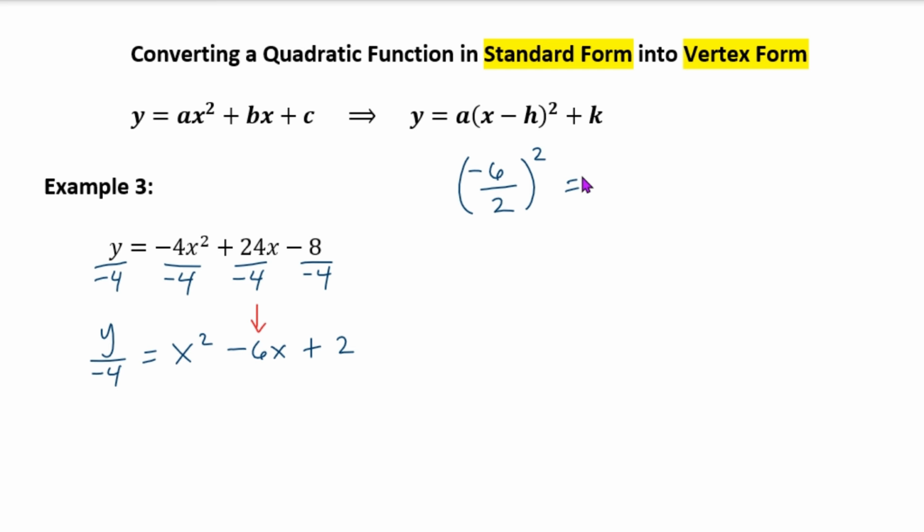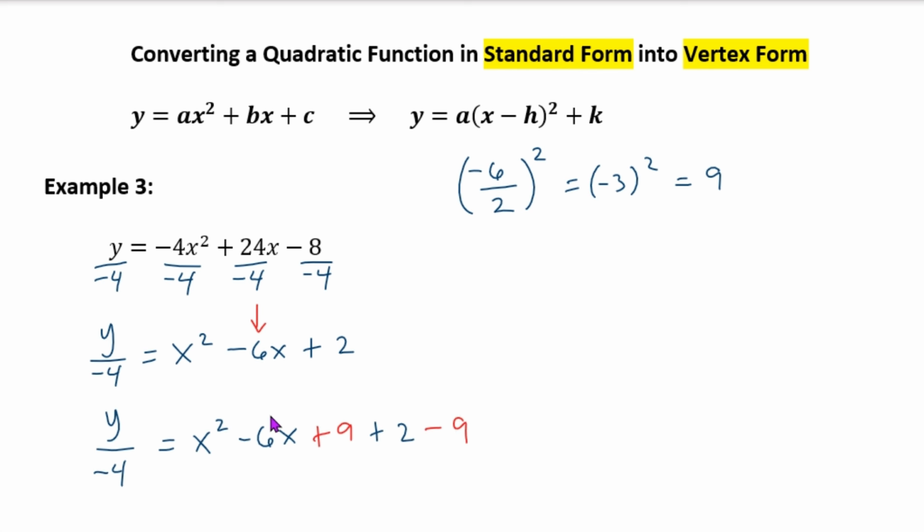So this one is the same as negative 3 squared, which is equal to 9. So I have to add and subtract 9 from the right hand side. So we have y over negative 4 equals x squared minus 6x plus 9 plus 2, and then finally minus 9.